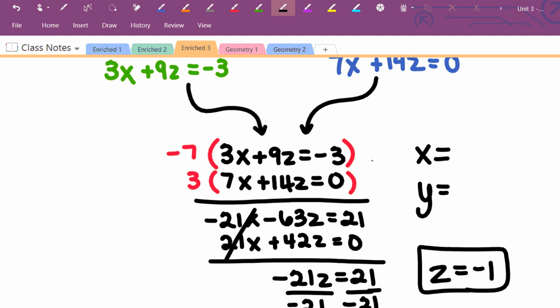Is x equal to 2? Yeah. Now plug that in to get the y value. Everybody get our y value? Is that what we have? Yes or no? Yeah? Okay.